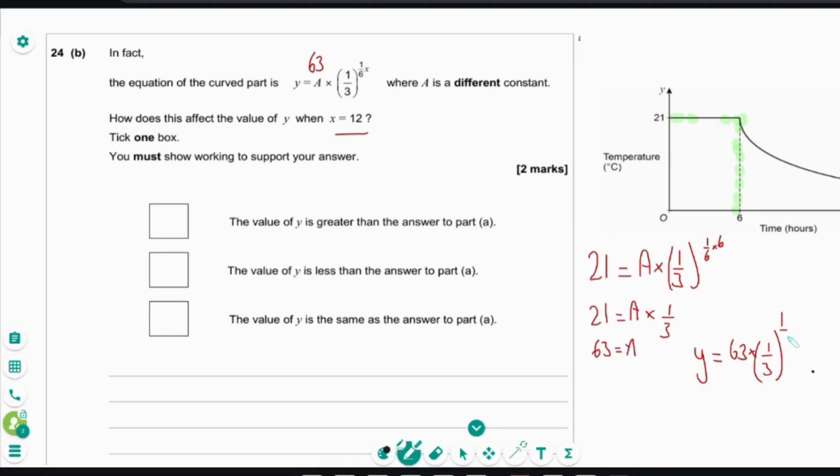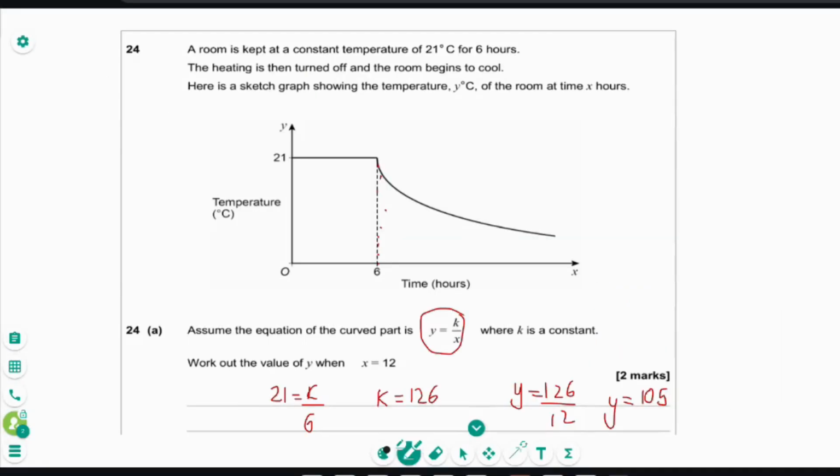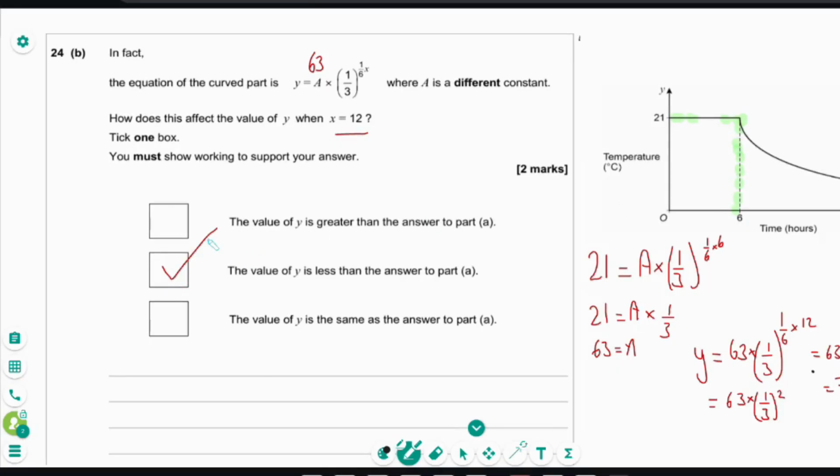So now we've got 12 divided by 6 is 2. So we've got 63 times a third to the power 2. A third squared is 1/9, because a third times a third is a ninth. And 1/9 of 63 is 7. I can't remember what it was before. That's just 10.5 here. So it's less. Now it's 7, so the value of y is less.